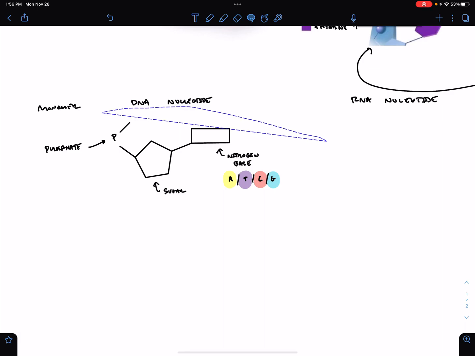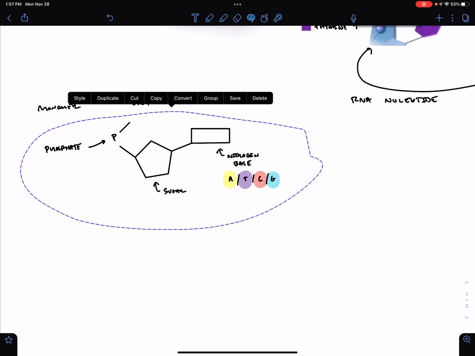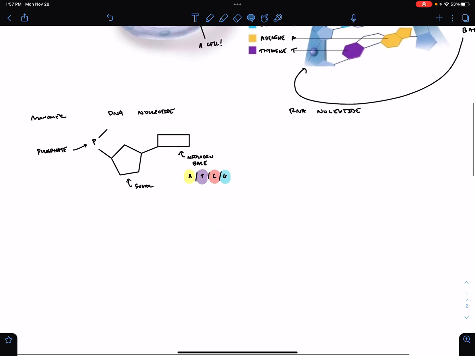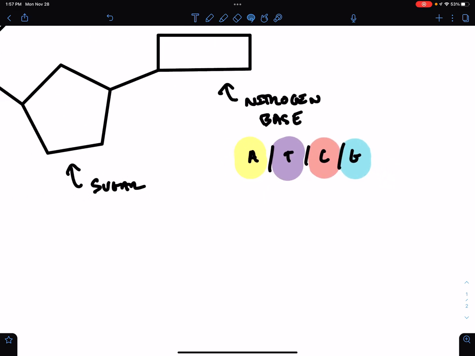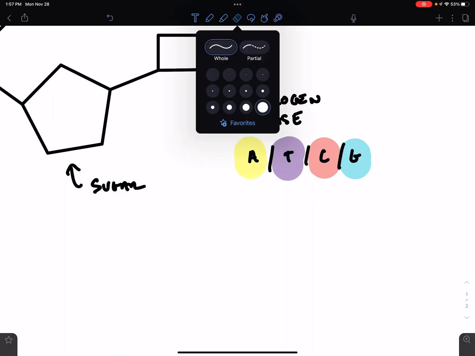Now, RNA has a very similar structure overall, but I said before DNA is missing an oxygen at one point off of the sugar group. But RNA comes also in 4 flavors, but one different flavor than DNA.